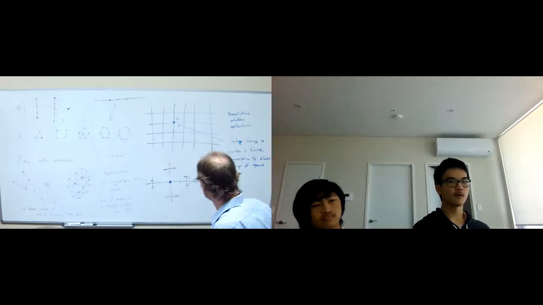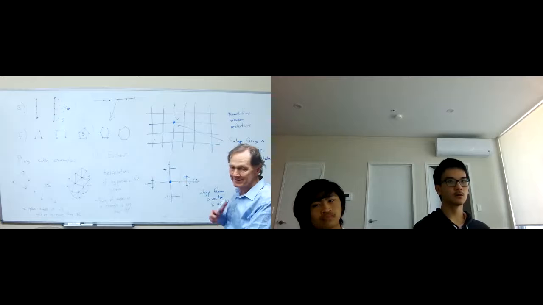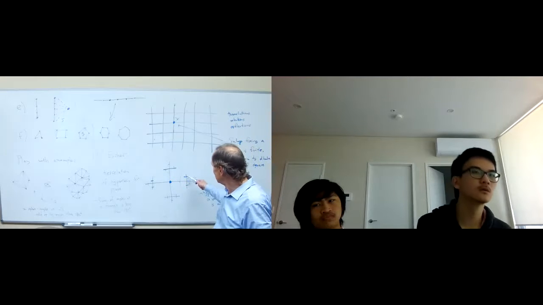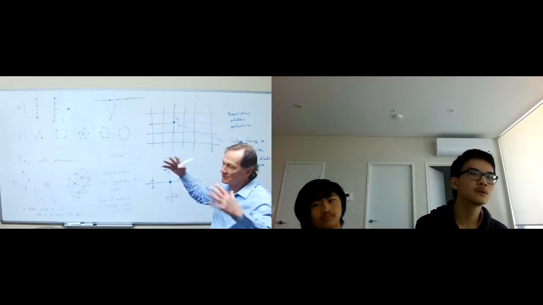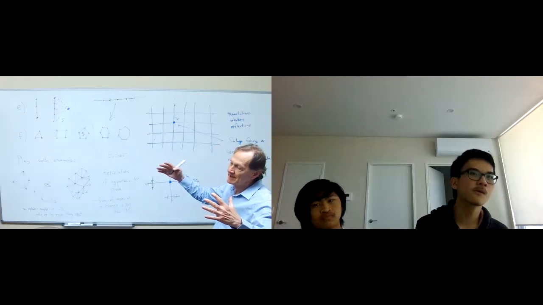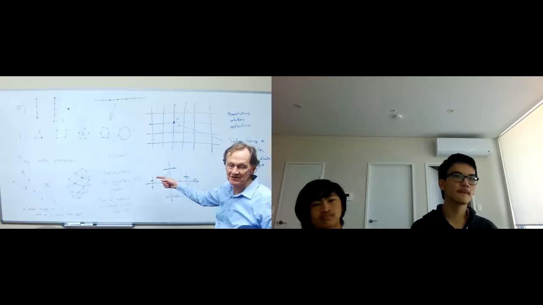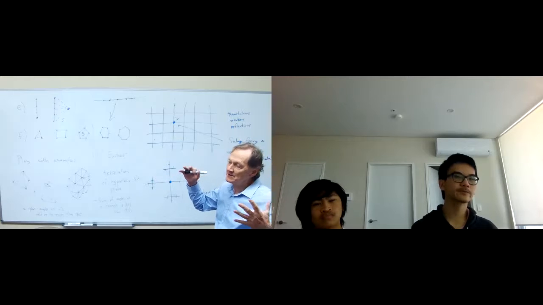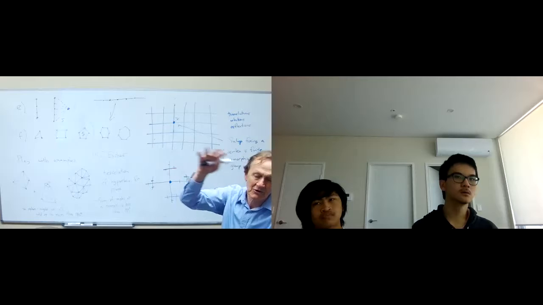Well, the infinite tree doesn't sit naturally inside any finite dimensional space, because the number of points in a ball of radius n grows exponentially. It's roughly 3 to the n in this case. But in a 3-dimensional space, for example, the number of points on the surface of a sphere grows quadratically.